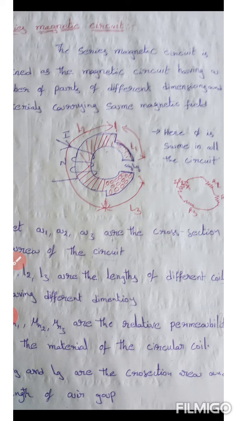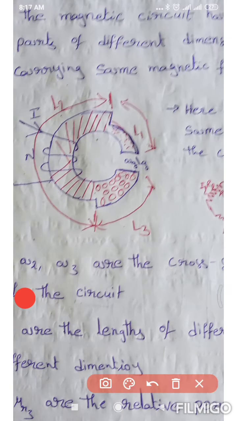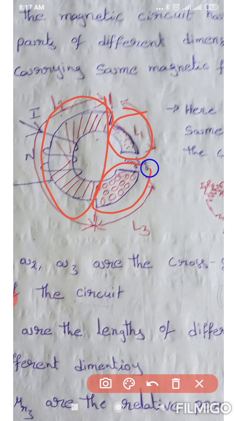That means all the resistances are connected back to back, and the same current is flowing through all the resistors. This is what we expressed in electrical circuit. Similarly, in magnetic circuit, see here, this is the L1 part, this is the L2 part, this is the L3 part.